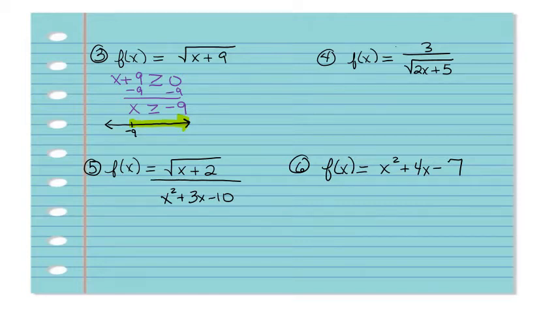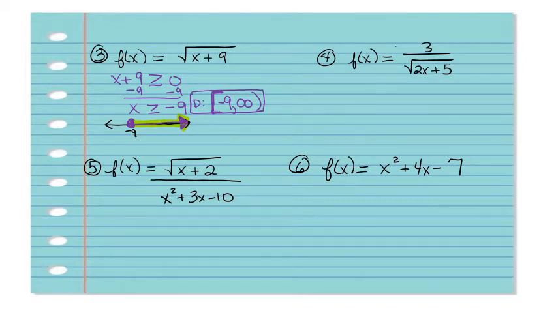And so in interval notation, this is going to be negative 9 to positive infinity. That's what that would be. Interval notation is left to right, so that's my domain for this one. And it's got the bracket on the negative 9, because this is a solid and then going greater.